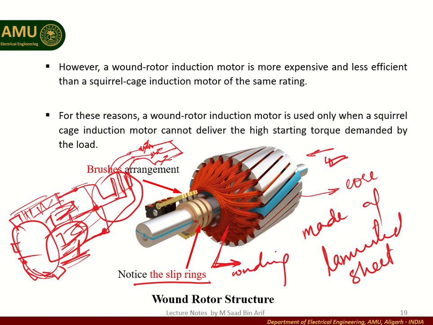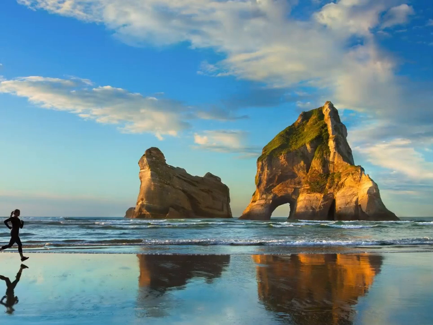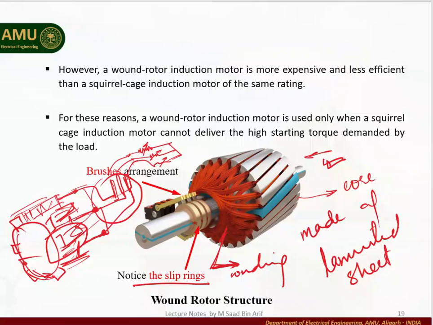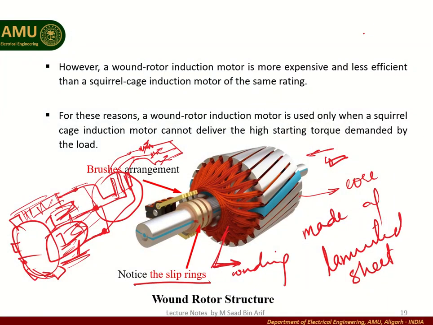If you closely look at the brush arrangement, it will be like this. We have a slip ring type of arrangement: slip ring 1, slip ring 2, slip ring 3. Brushes are placed over here. These brushes are basically inside a metallic cap.